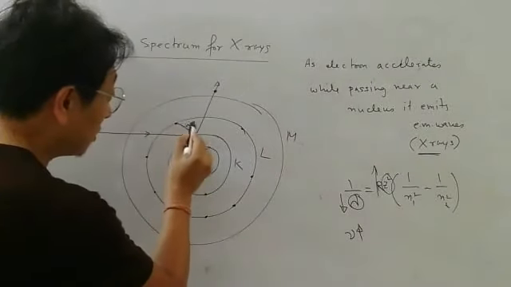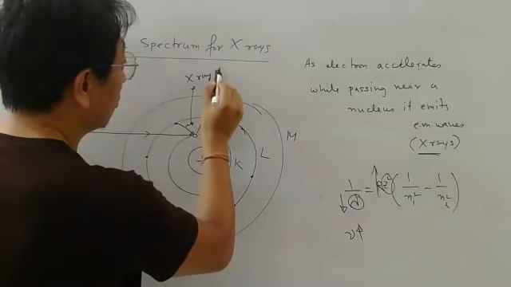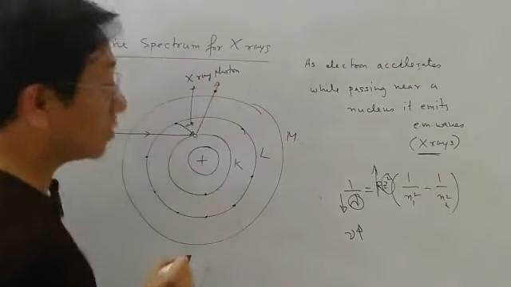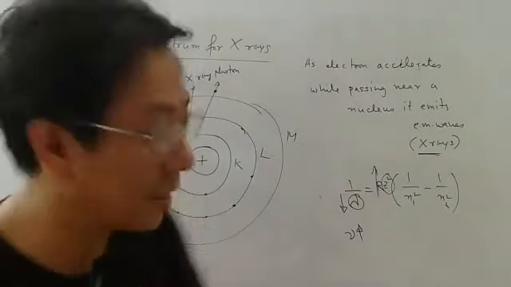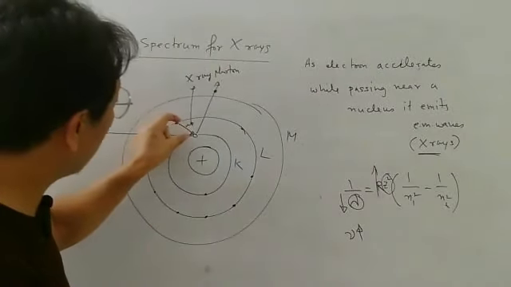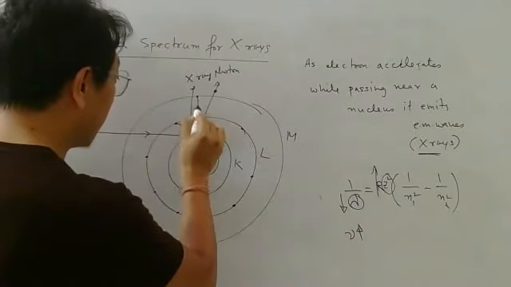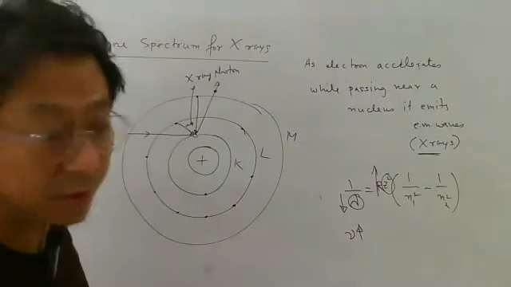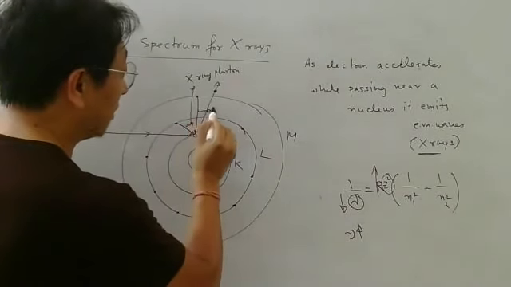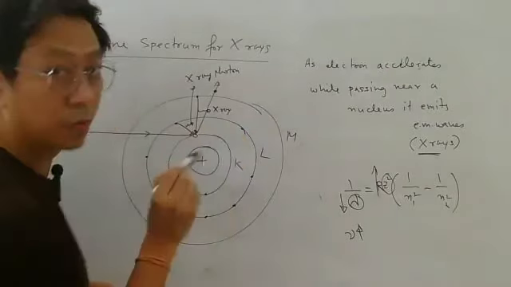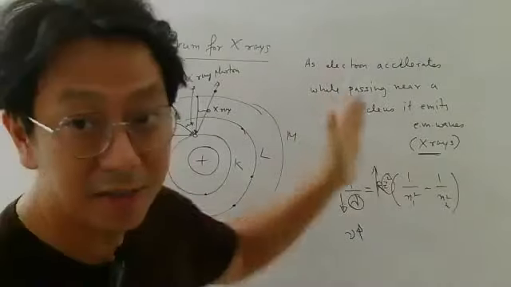So this frequency will be very large and this will be your X-ray photon. And since these photons have specific frequency, they belong to line spectrum. Either this energy gap is possible or an electron from this orbit can also fall. That will give rise to another X-ray with different frequency. So this is the reason why you get line spectrum.